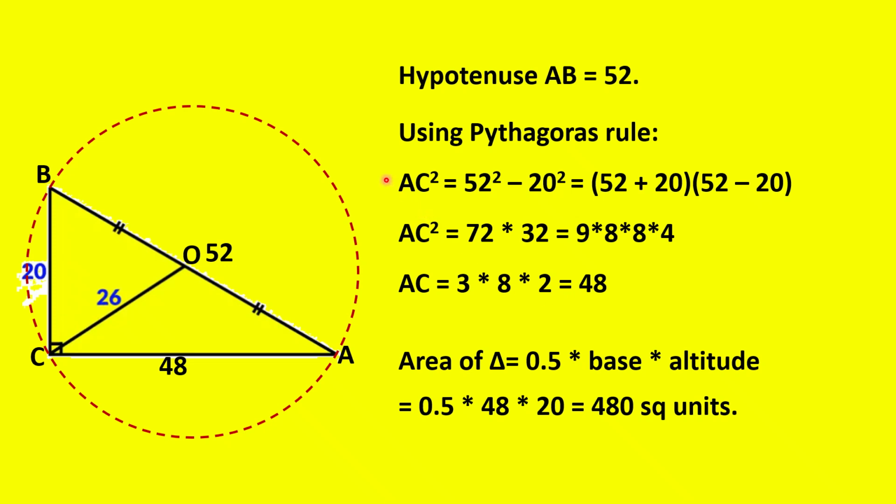So whenever you have a tricky question, consider drawing a circumcircle or an incircle. It might work in many cases, not in all, but it's a trick worth remembering. So the area of the triangle, 480 square units.